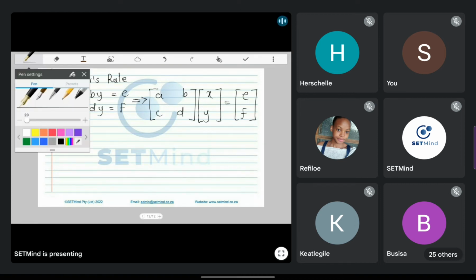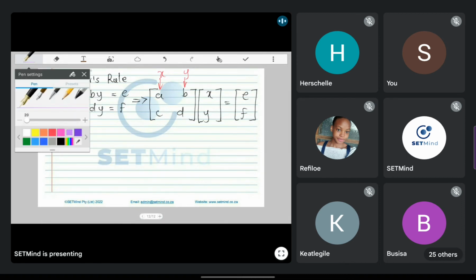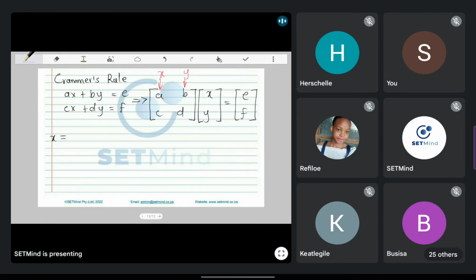So when you have these in these forms, all you do is say, okay, here I'm dealing with the x's, and here I'm dealing with the y's. If I am looking for x, I come to the column where there is x, where I'm pointing here, remove this and substitute it with what is after the equal sign.